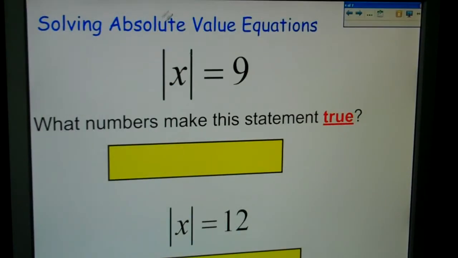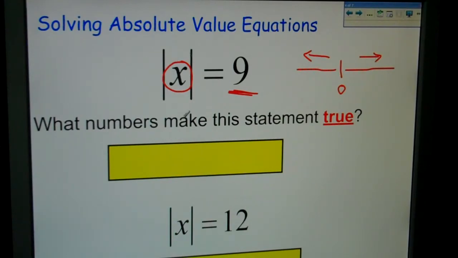All right. Now we're going to solve them. Solving absolute value equations. So we have the absolute value of x is equal to 9. We need to know what numbers I can put in for x that will give me 9 spaces from 0. So here's 0 on the number line. I need to go to the left, and I need to go to the right.